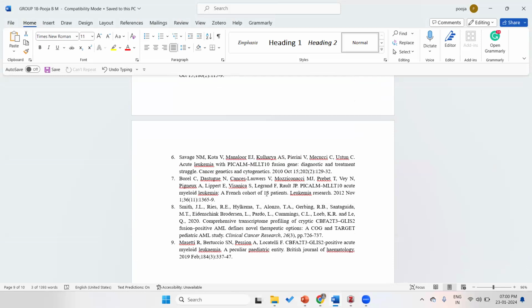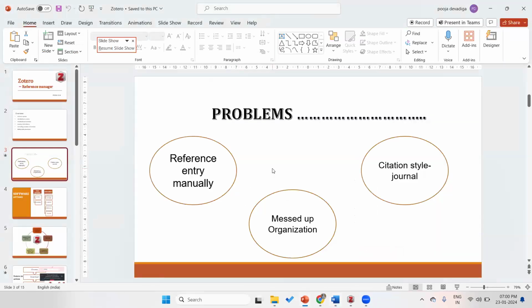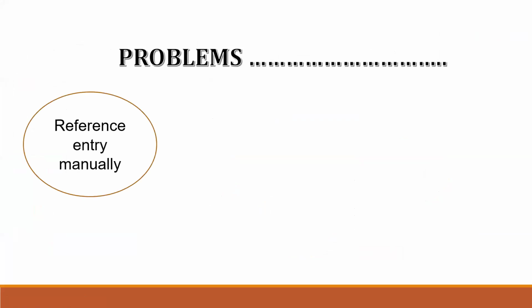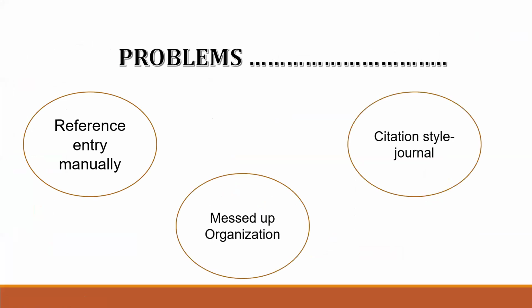Or you're collaborating with a different institution and writing an article, maybe a narrative one. Both people can't cite the same articles for the same sentence. There are a lot of problems, like entering references manually is a very tedious process. It results in messed up organization and citation style.